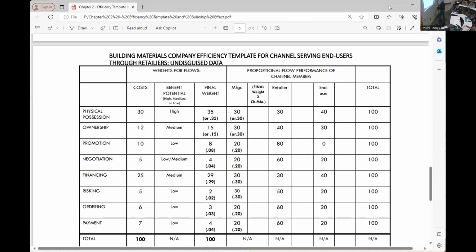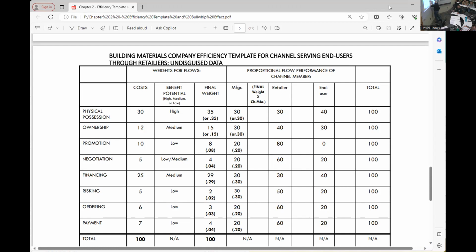Somebody multiply 0.15 times 0.3. 0.045. Very good. Somebody give me 0.08 times 0.2. 0.016. Very good. All right.